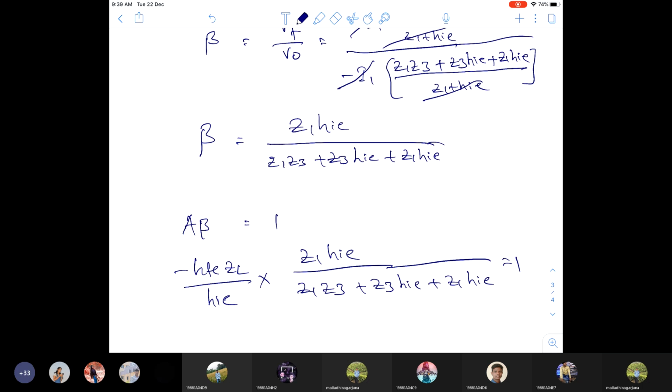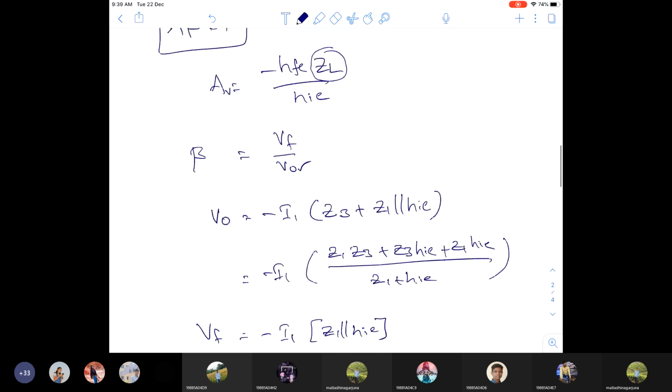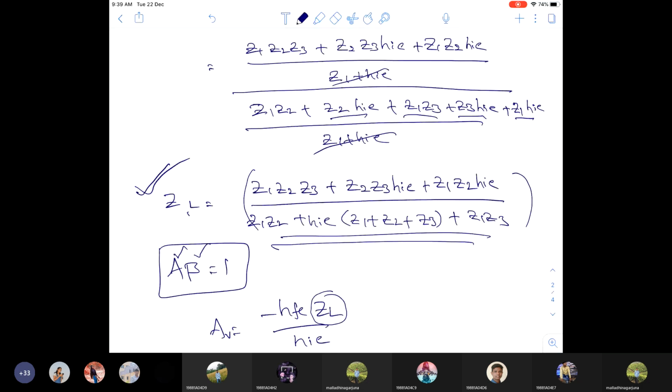So this is the one. Now substitute ZL value here, minus HFE by HIE, keep it aside. So ZL plus forward is the formula for ZL. So this is the formula. So now bring and substitute here. So what will we get?